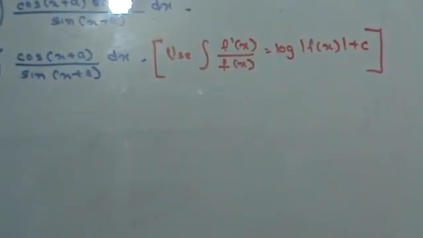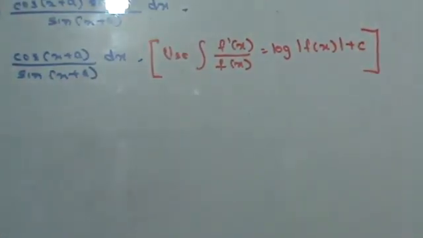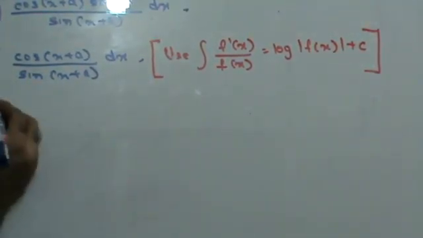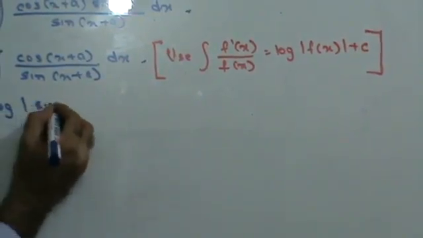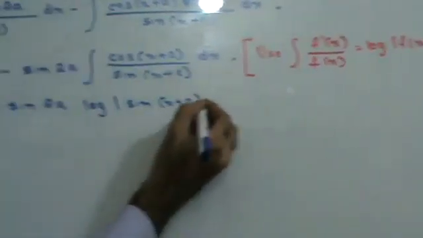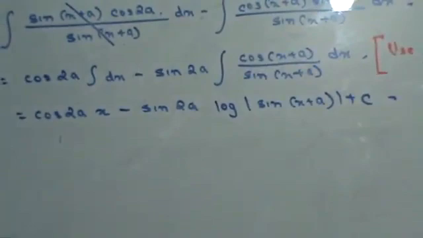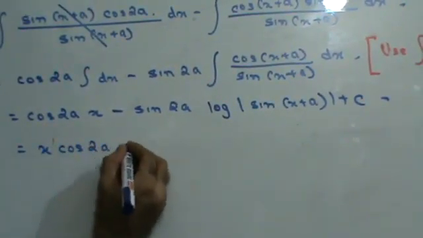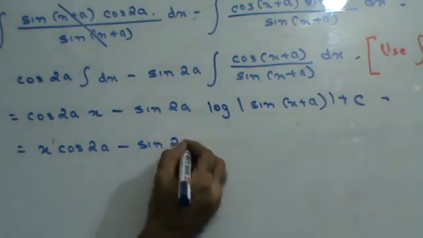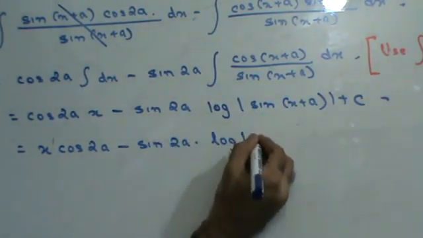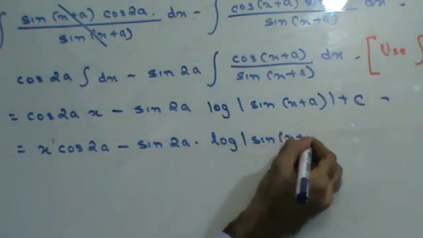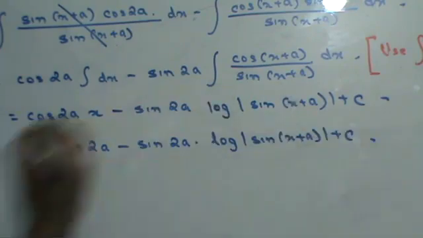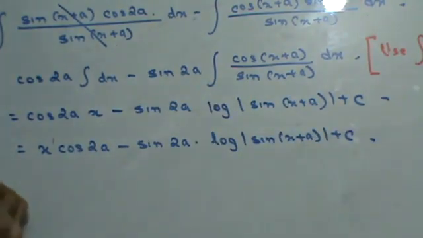If I use this formula, this will be nothing but log mod sin x plus a plus c. So your final answer will be x cos 2a minus sin 2a into log mod sin x plus a plus c. Next, let's see the next one, guys.